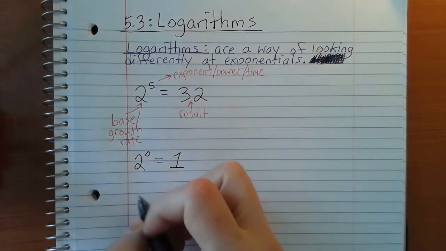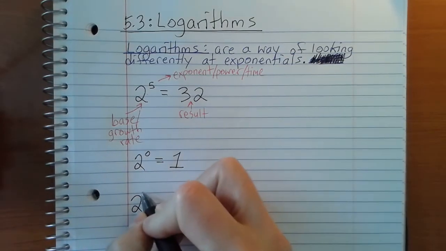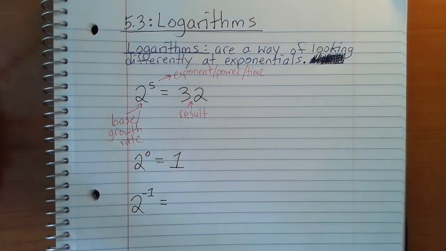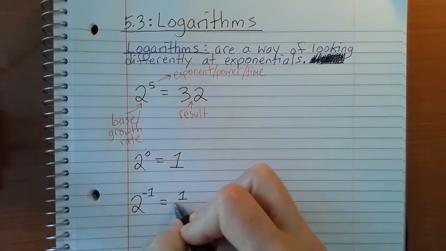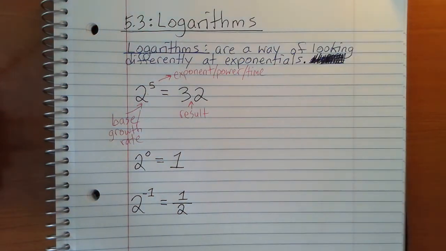So we can also think about it in terms of 2 to the power of negative 1. Another exponent rule we've talked about pretty recently, that would be the same thing as 1 over 2. So let's ground this in the real world as well. We know that the time is -1 days.